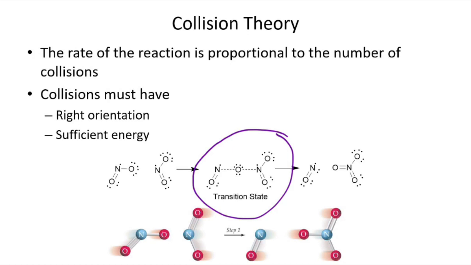So the transition state is sort of suspended in between the reactants and the products. In order for this transition state to form, the two NO2 molecules have to be arranged correctly in 3D space so that the oxygen atom can transfer, and they have to bump into each other hard enough so that that oxygen atom can actually be transferred.